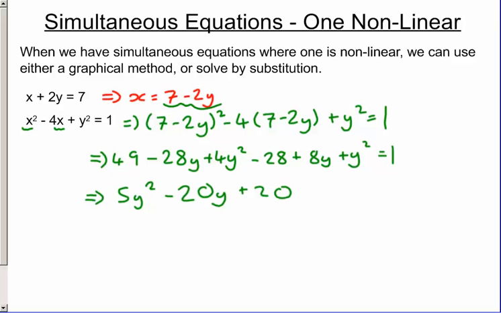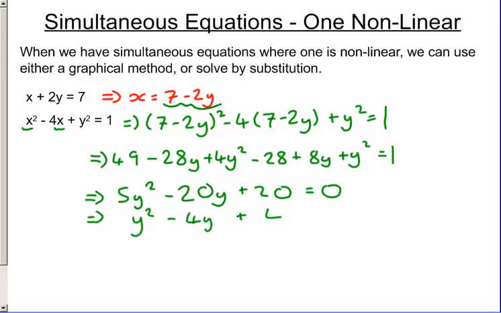So again, we have a quadratic. So again, we need to factorise. Before we do that, we're going to make our factorising simpler by dividing through by 5. Since this is all equal to 0, we can divide through by 5, because everything is divisible by 5. And we get y squared minus 4y plus 4 equals 0.